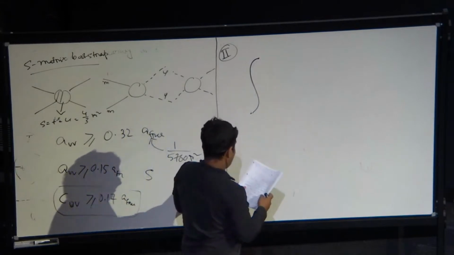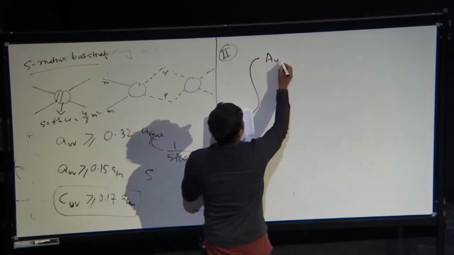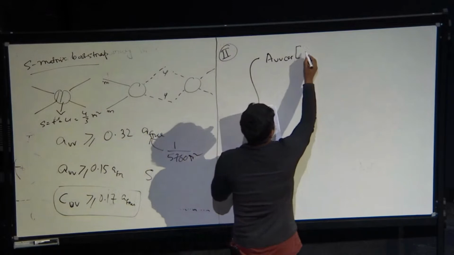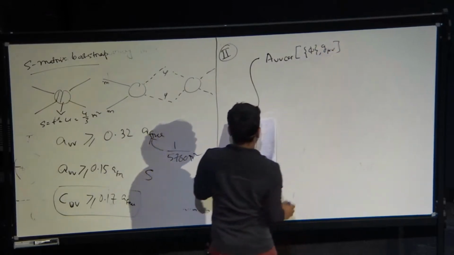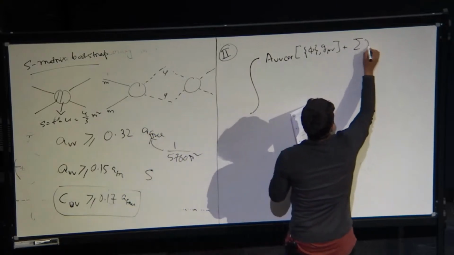So let me describe this setup in more detail. Suppose we have some UV CFT. It's not necessary to have an action for it, but just for the sake of argument, let's consider there is some UV CFT action, and we deform it by a set of relevant operators.